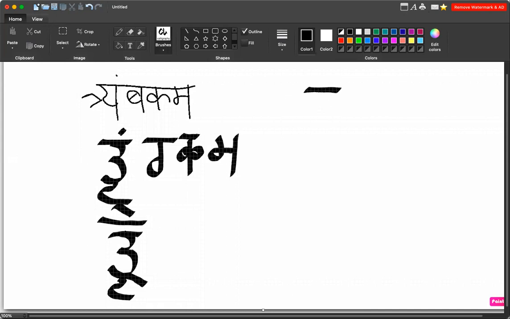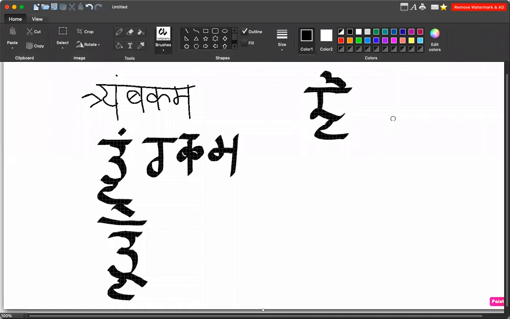So Dyo, in that case it is simple. If you're writing this, it would be da, ya, dyo, and then o would come on the top, right? You've learned in matras.